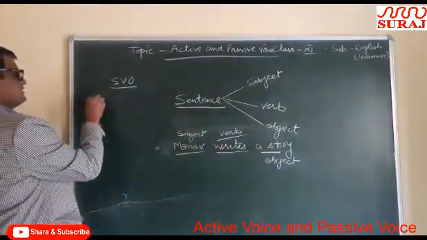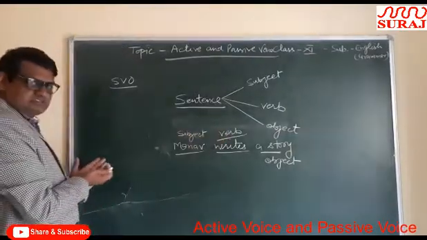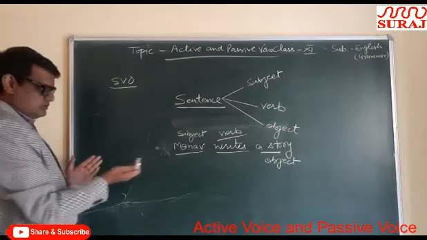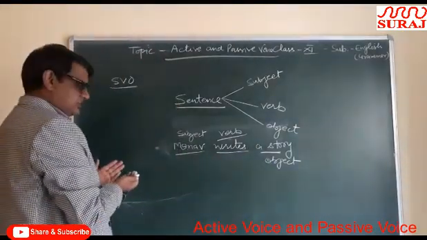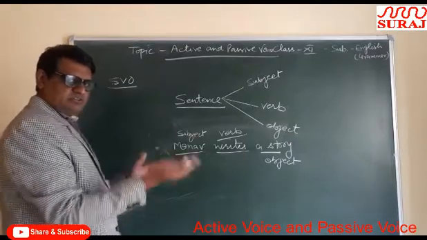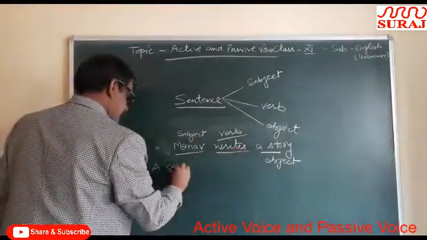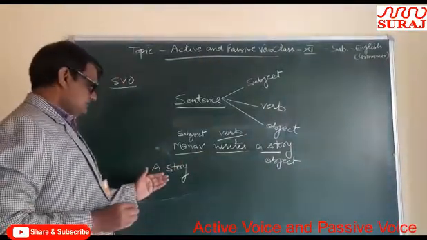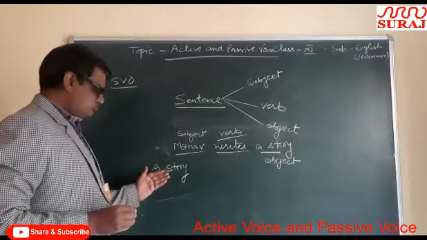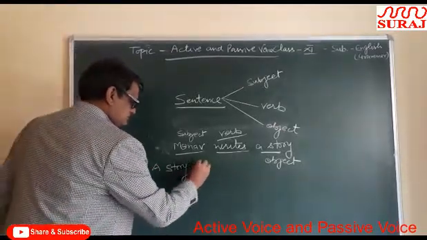After that, convert the object into subject. Write the object at the beginning of the sentence to create a new sentence. A story. A story is singular number, so the helping verb you will write is.